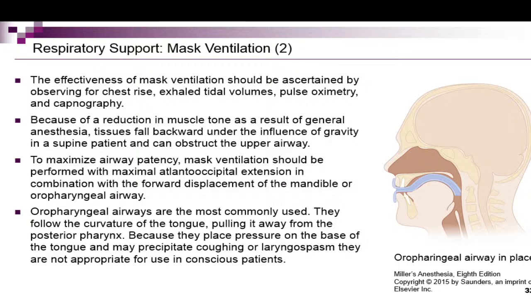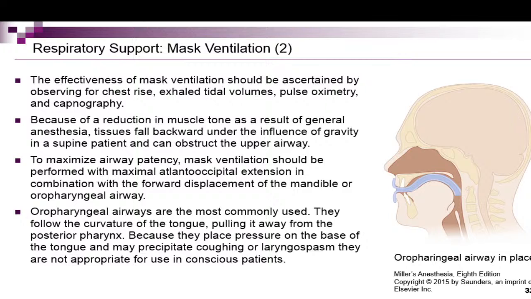The effectiveness of mask ventilation should be ascertained by observing for chest rise, exhaled tidal volumes, pulse oximetry, and capnography. Because of a reduction of muscle tone as a result of general anesthesia, tissues fall backward under the influence of gravity in a supine patient and can obstruct the upper airways.